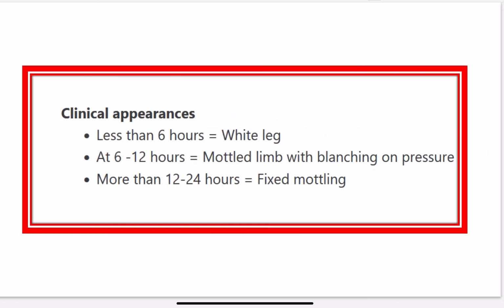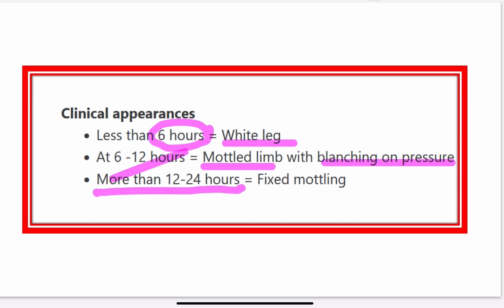Now see, when it is present less than 6 hours, white leg is present; at 6 to 12 hours there is motor loss with blanching on pressure; and when it is more than 12 to 24 hours, in this condition there is fixed mottling, and it is the dead limb.